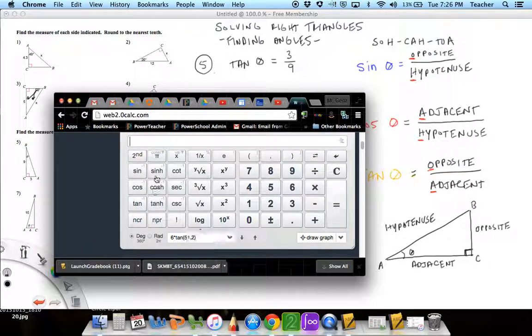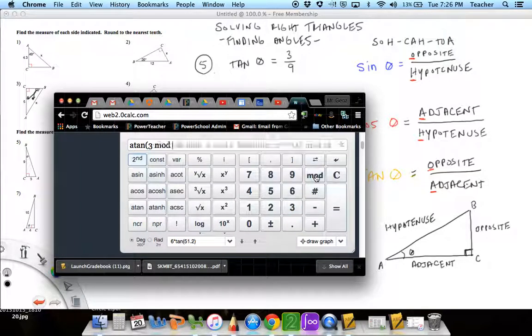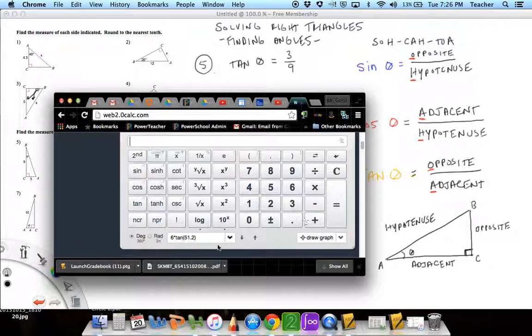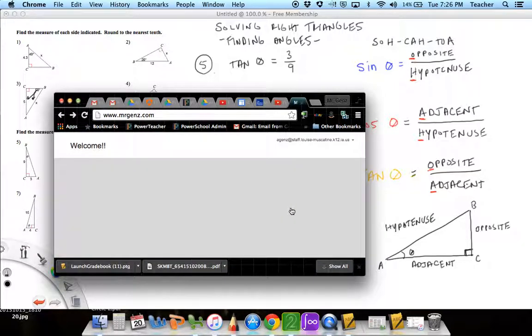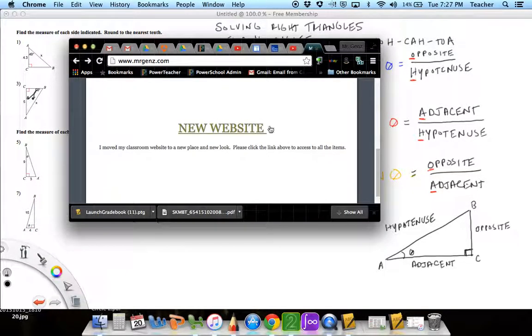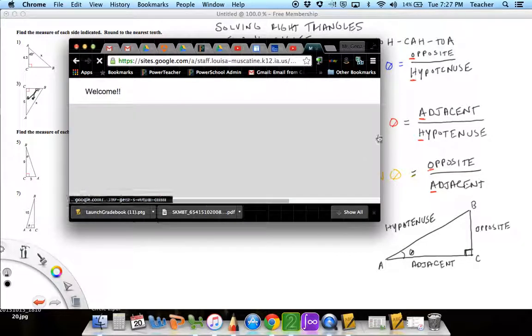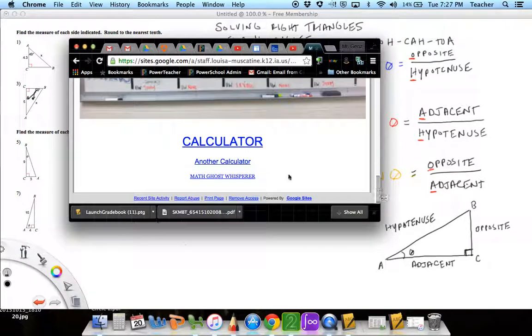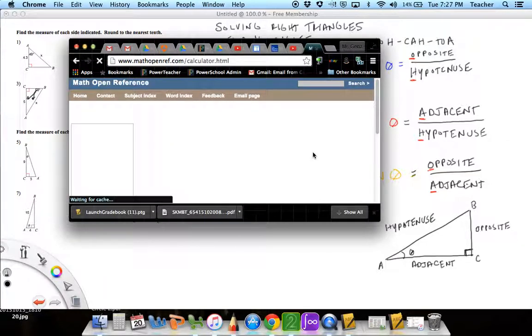I apologize, because I should have looked at this beforehand. I'm going to have to figure out a different calculator. Give me a second here. I might just have to tell you the answer so you guys can see what it is. Let's try another calculator.